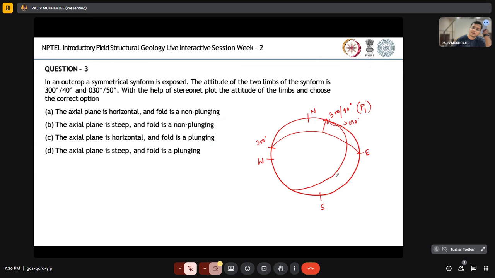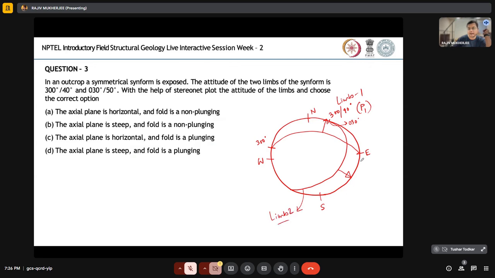So this is how the other limb of the fold should look. So this is limb 1, and this is limb 2.